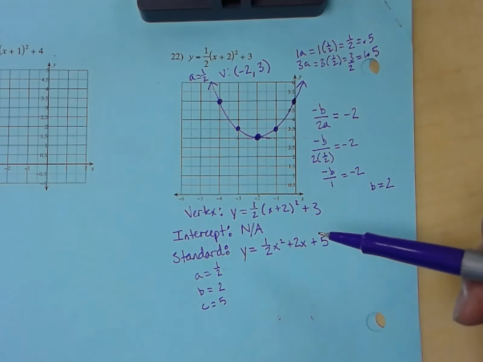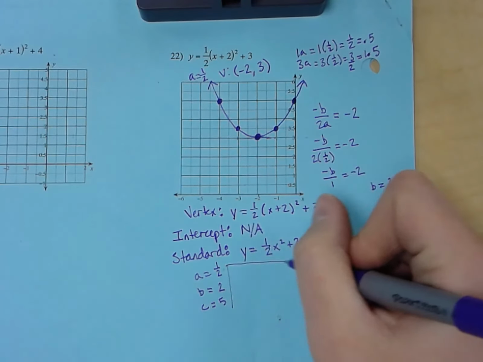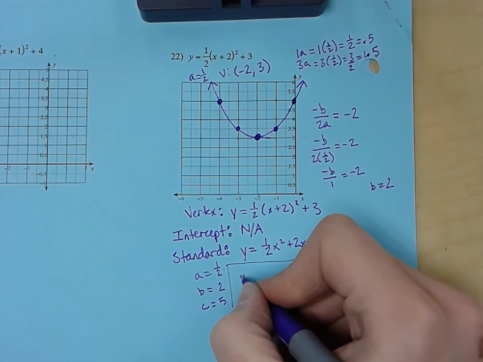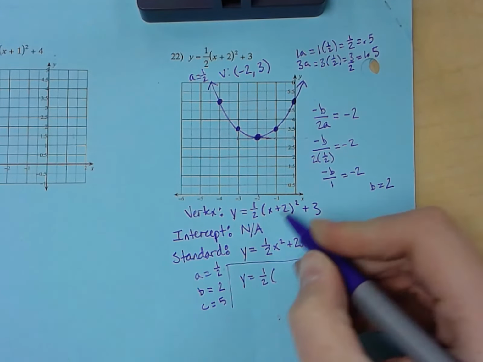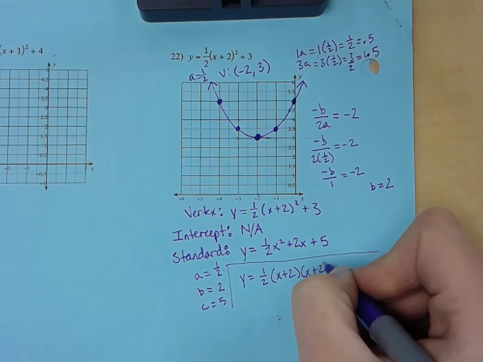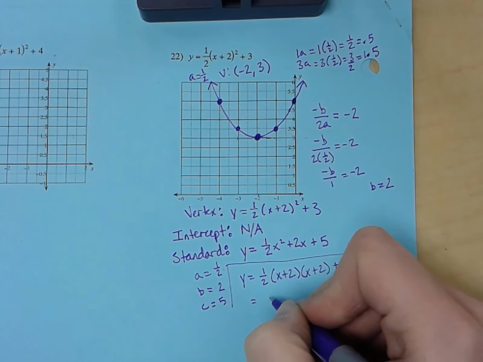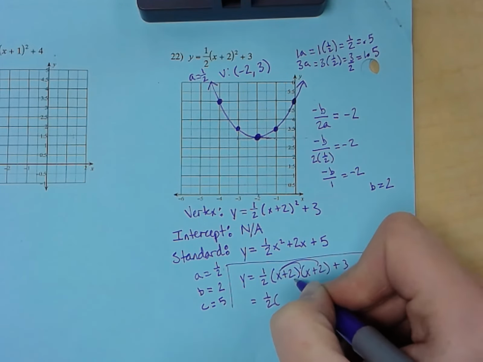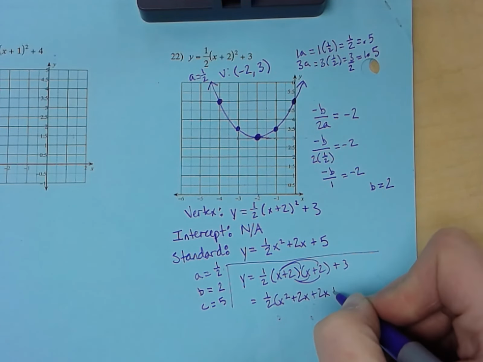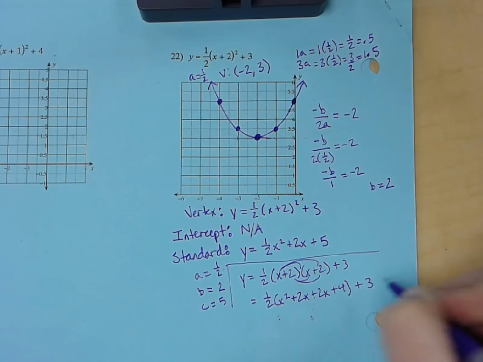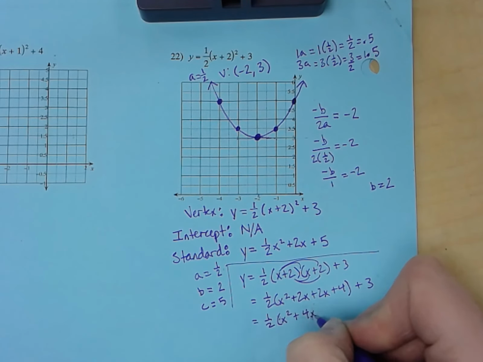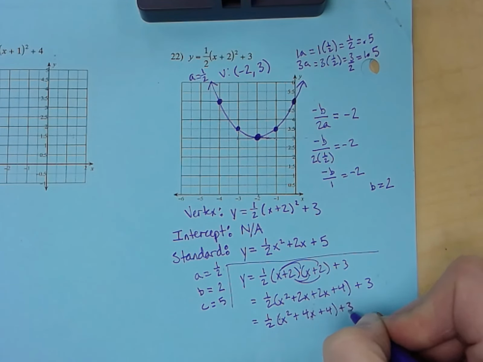Another way we could do this, which I will also show, is distributing from vertex form. Remember, something squared means it's multiplied by itself. So that's 1/2 times x squared plus 2x plus 2x plus 4, plus 3.